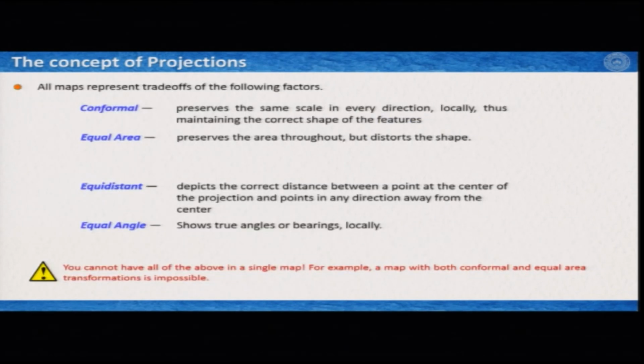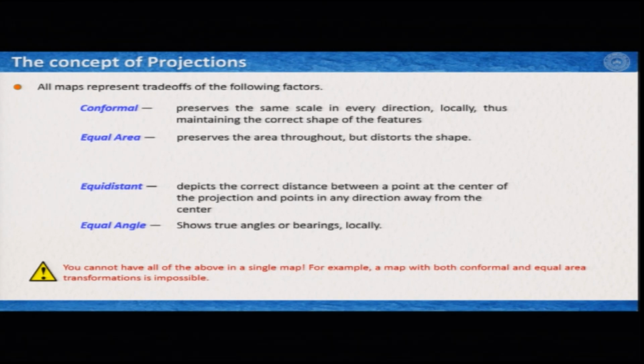So, there are many ways of projections, but in structural geology there are mostly 4 different ways we project maps. One is conformal, one is equal area, one is equidistant, and another is equal angle. Now, all these 4 are somehow related to each other. For example, in conformal projection, it preserves the same scale in every direction locally, thus it maintains the correct shape of the features.